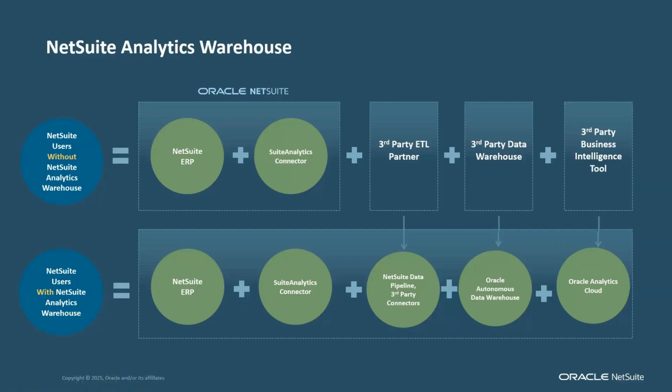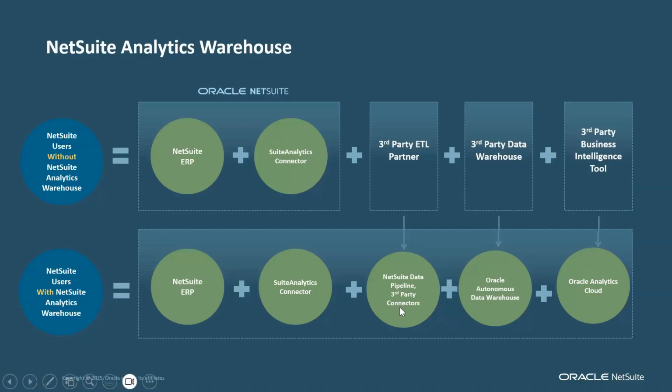That's where you can leverage that connector to do reporting with your NetSuite ERP data. With NSAW, of course, you've got your ERP data. When you license NSAW, it does come with the SuiteAnalytics Connect, so you don't have to license that separately.